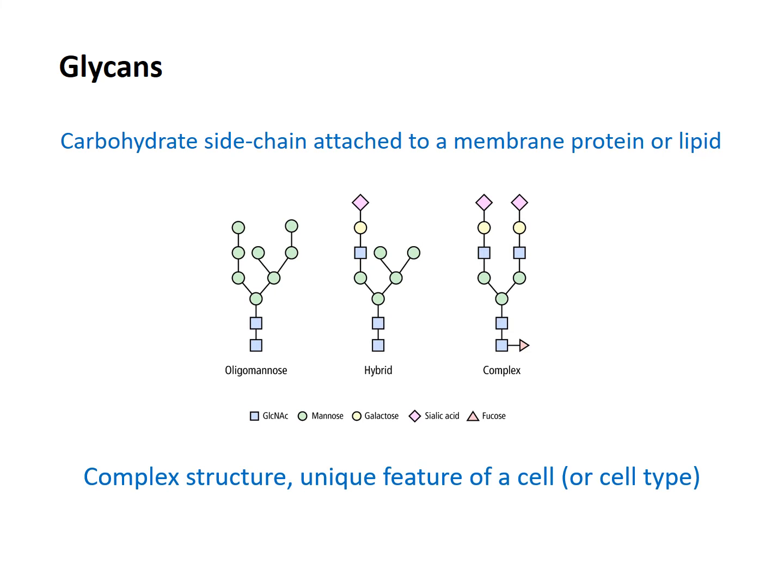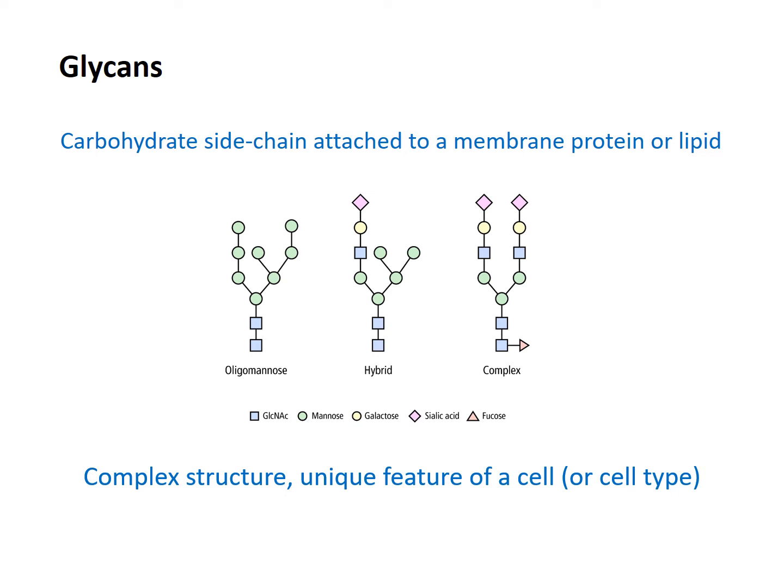Glycans come in complex structures, and they can come in a broad diversity of structures because it is a chain of carbohydrate monomers put together in this branching pattern, and they can be put together in an infinite number of ways. So there are multiple monomers that can be assembled in an infinite number of ways.